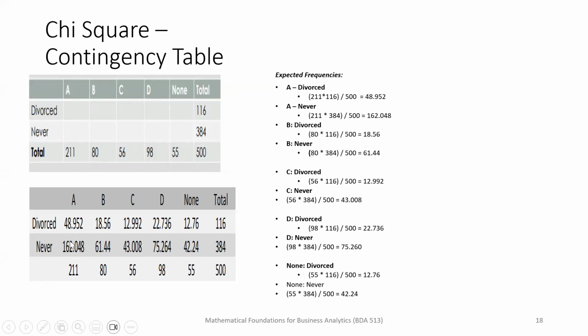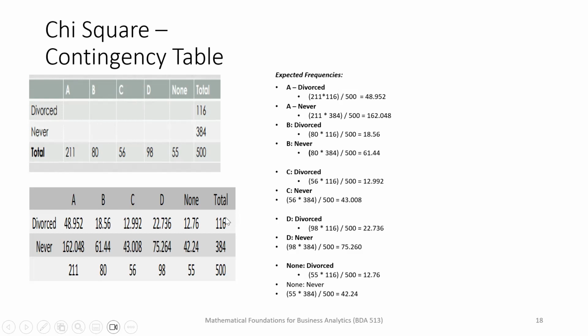Yes. Okay. Now, when we come to category B, it's the same method. The total for the column is 80, and the rows are 116 and 384, which remain the same. We just take the total of the column, multiply by the total of the row.